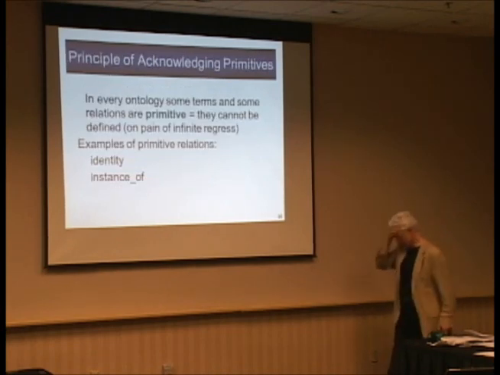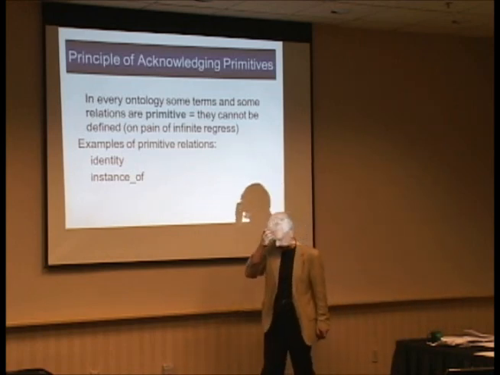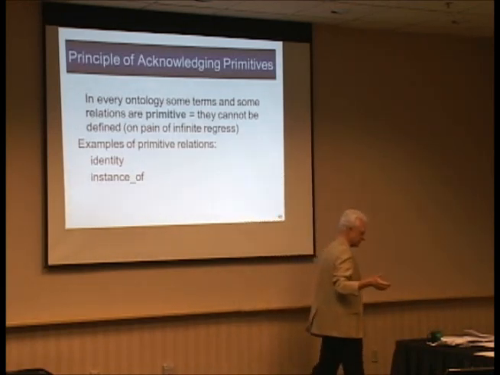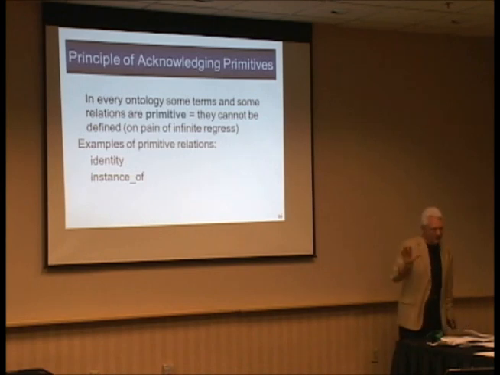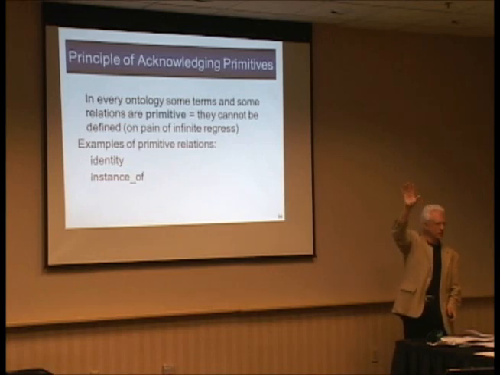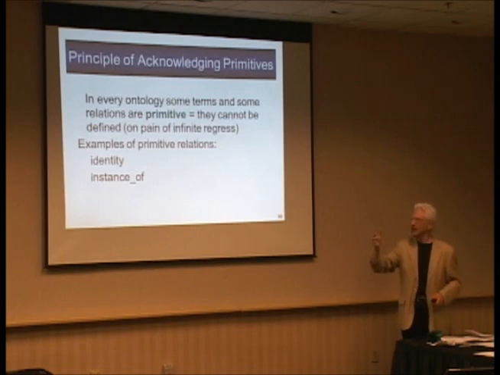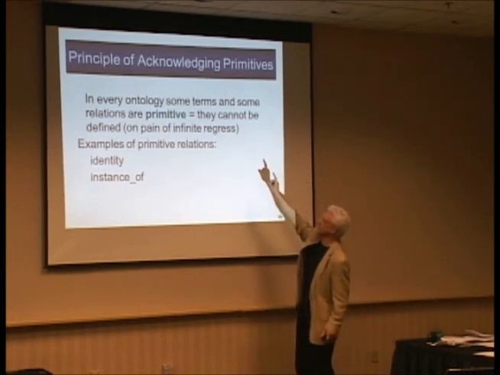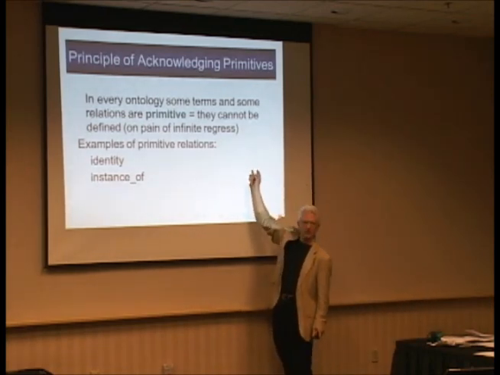Now, another rule is this. When you're building an ontology, you need to define all your terms, I say. In fact, that's not true. You will need to take some terms over from other ontologies where they may be defined. Eventually, you'll get to terms which are of such high level that you can't define them because they're already too basic. There's nothing more basic. So you shouldn't be afraid of acknowledging primitive terms.